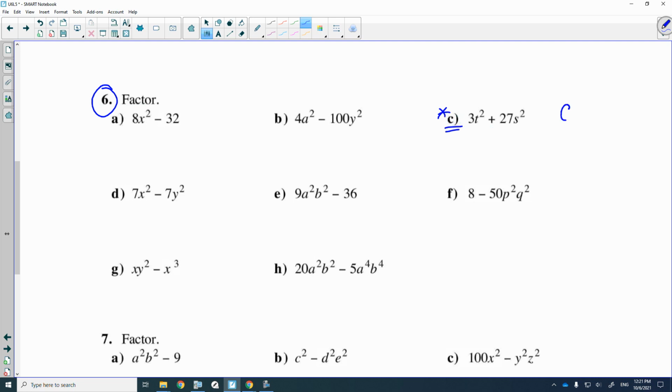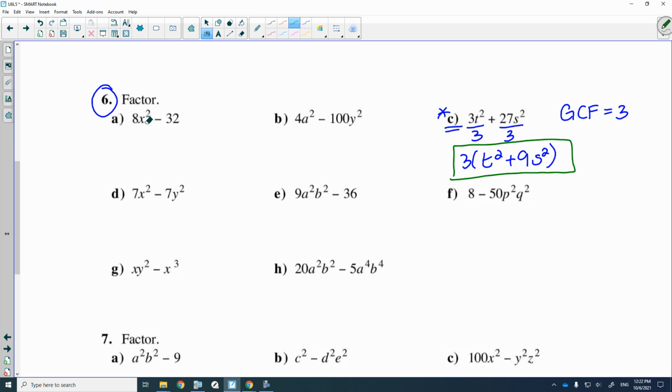So the GCF of this would be 3. You would divide out your 3, factor it out, and you would get p squared plus 9s squared. And then from here, are you able to further factor this by difference of squares? No, because this one has the plus. So what that means is you are done. That's all you could do for this question. Okay.